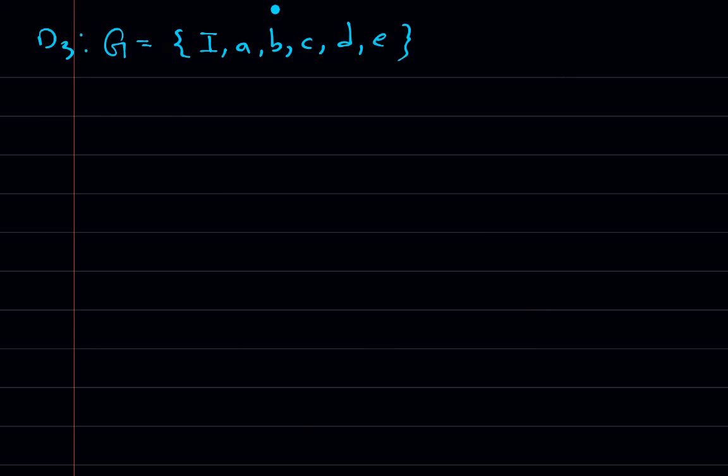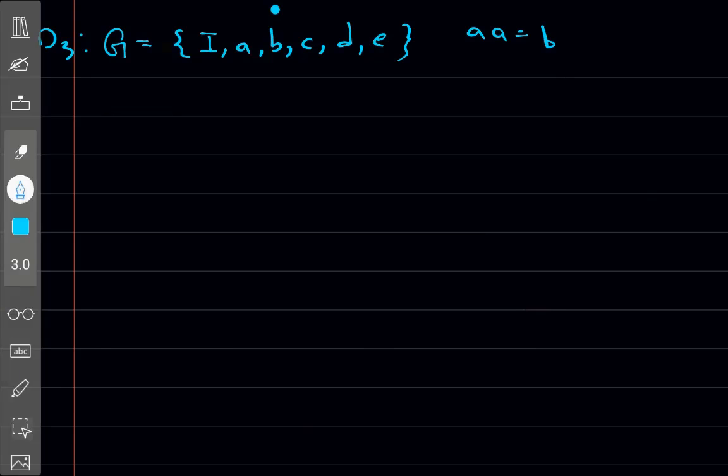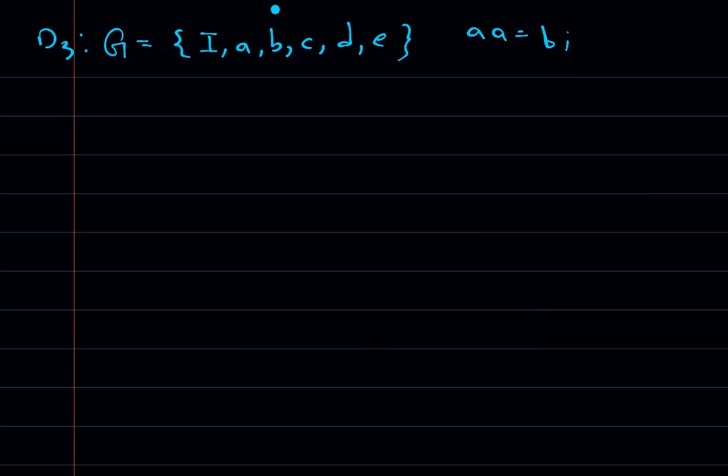Now what are the group operations? We found that when A multiplies with A, you get B, and when C multiplies with B, you get element E. When B multiplies with A, you get identity. When D multiplies with A, you get E, and so on.